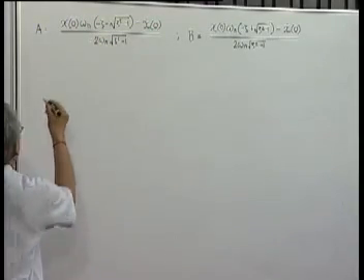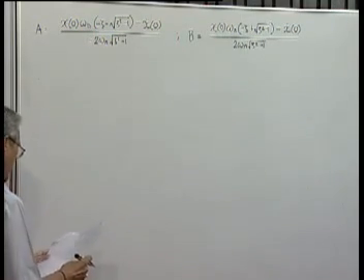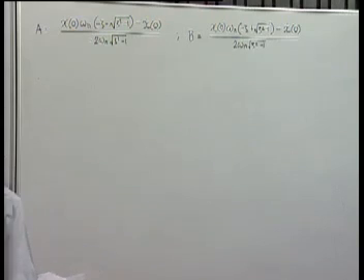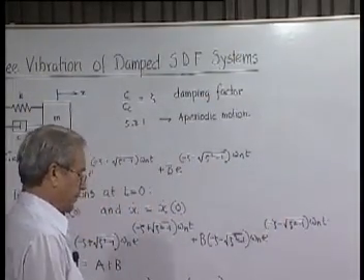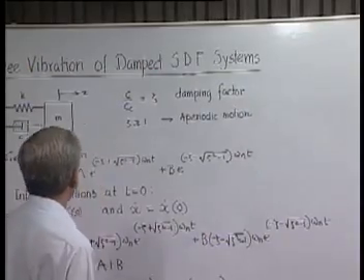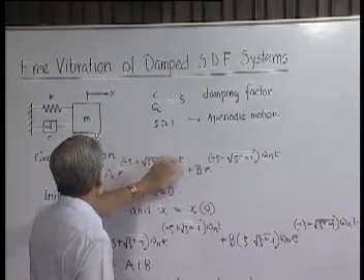And obviously, the solution can be written by substituting the values of A and B here. I am not writing it because it will take a lot of space. Now, of course, you can see both these terms in x(t).